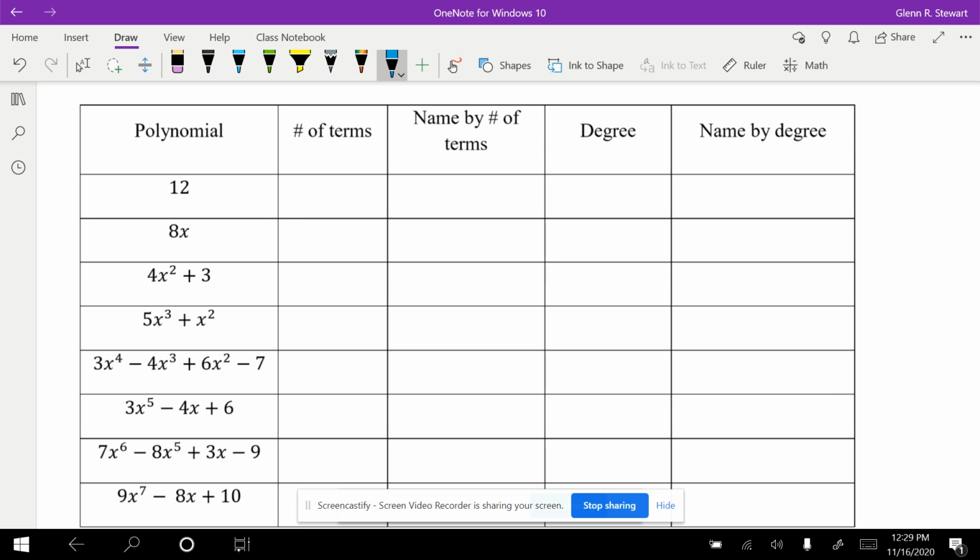This is one term. We call that a monomial. It has a degree of 0, which we call a constant.